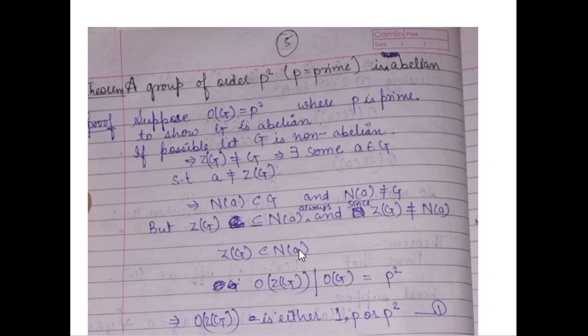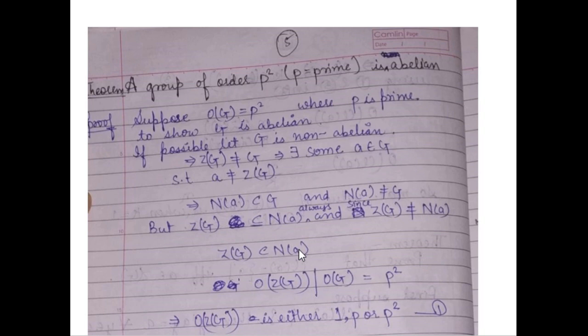And since the center is a normal subgroup of G, and the order of G is p square, by Lagrange's theorem the order of ZG will divide the order of G, that is p square.